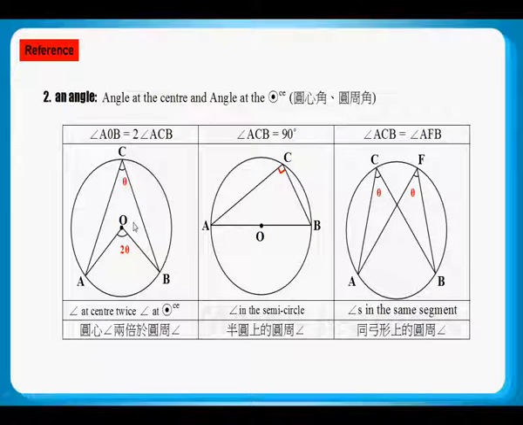If I need to use angle at the center is twice angle at the circumference, I will concentrate on two points A, B, because they shoot out two radii, and also two chords.